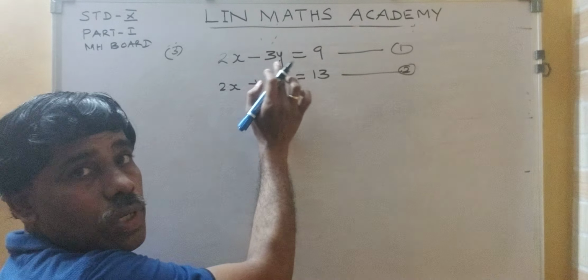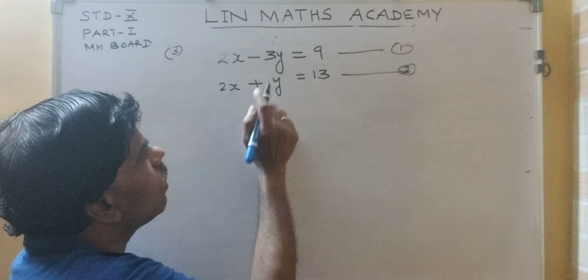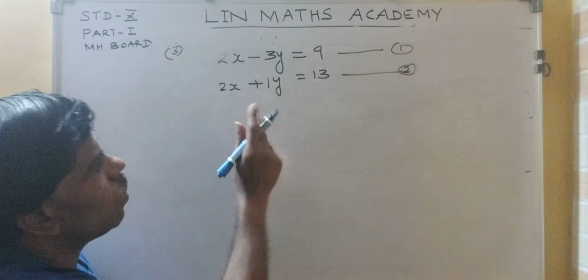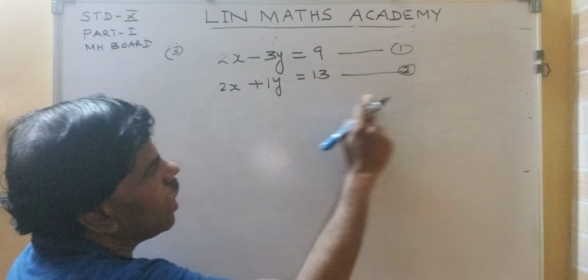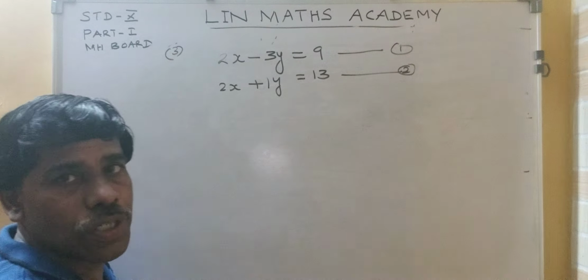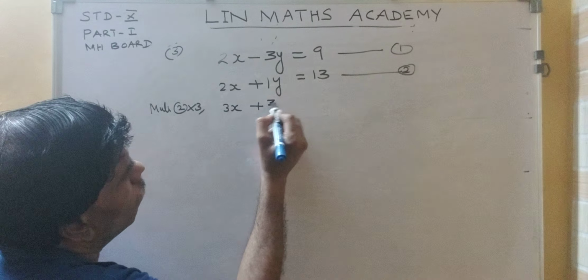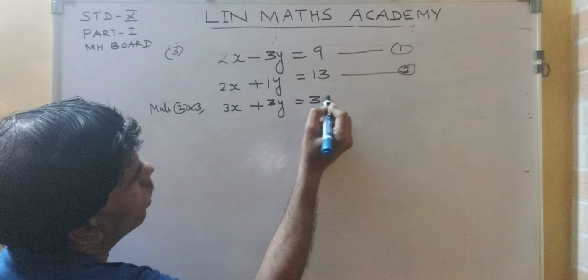What is the coefficient of y here? Minus 3. Here plus 1. So we want to make this as 3. So we will multiply this equation by 3. So multiply equation 2 by 3. So you get 3x plus 3y equal to 39.